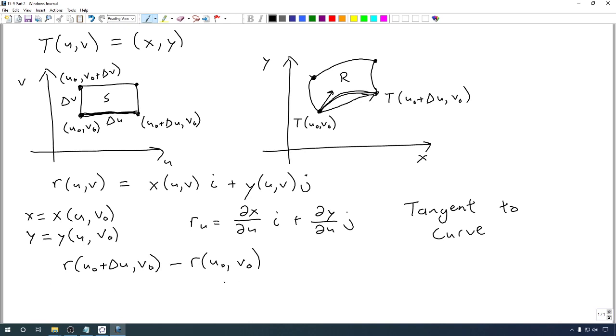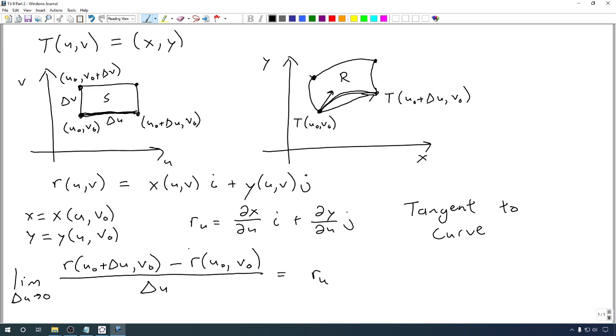If we take that vector and divide it by delta u, this format should look somewhat familiar. In fact, as we take the limit as delta u goes to 0, this is a derivative. In fact, it is the derivative r sub u. It is literally just this vector here.